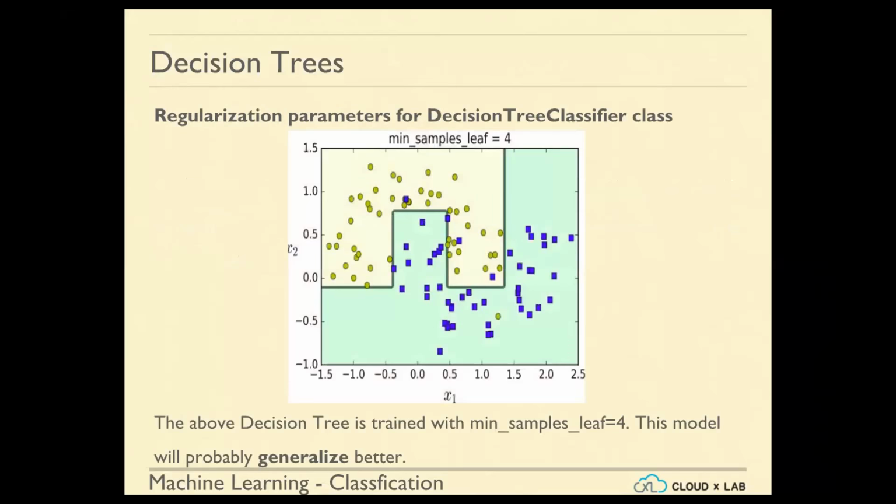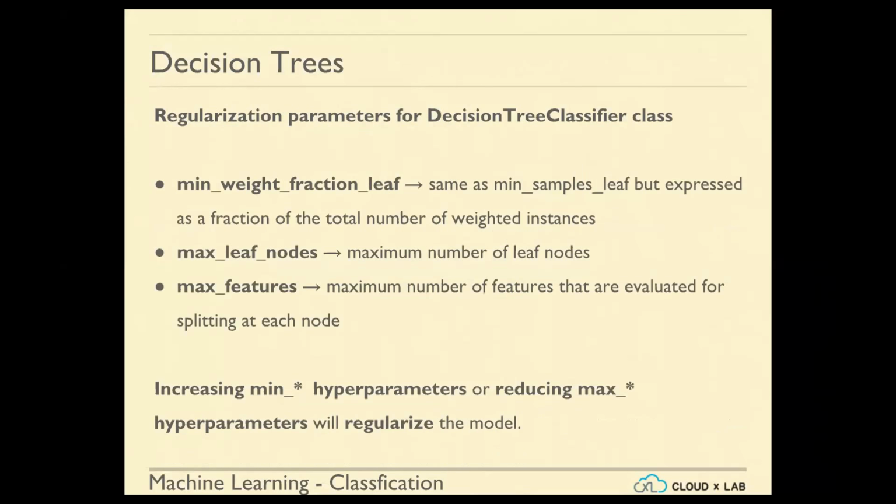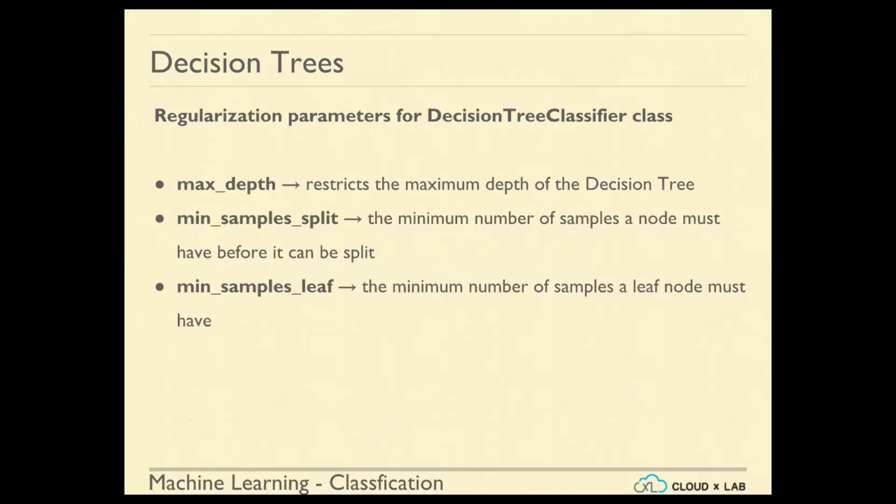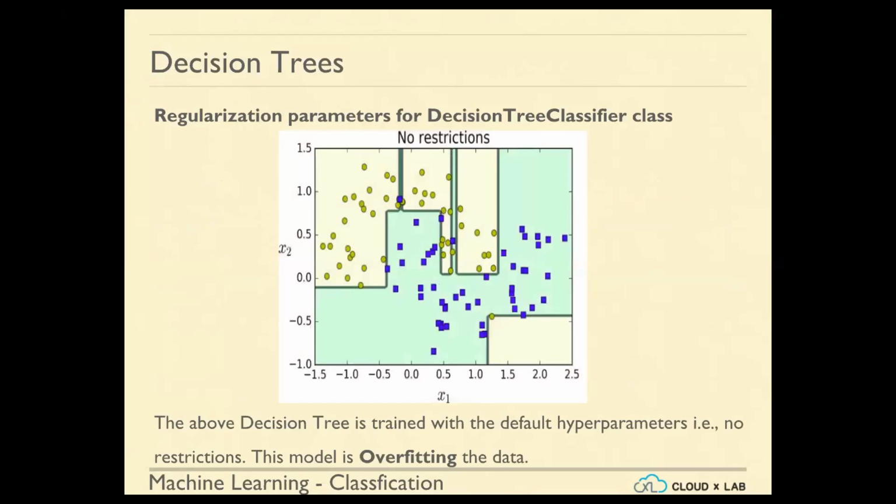So basically, this is a good example. We talked about how a decision tree works, and how prediction and training happen. Then we talked about regularization. If we do not regularize, it will memorize everything and keep on creating nodes.